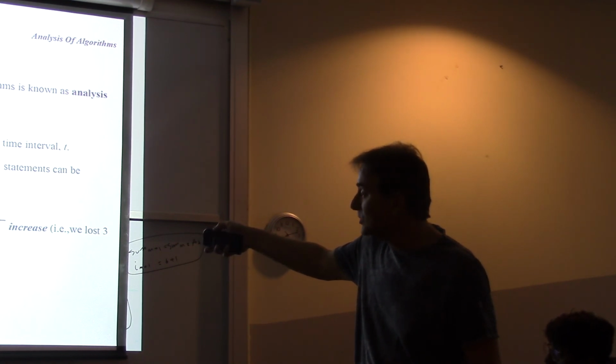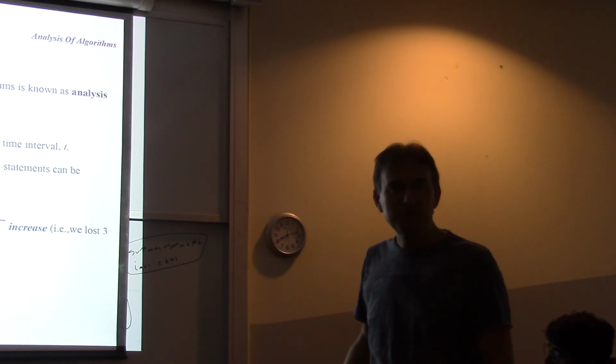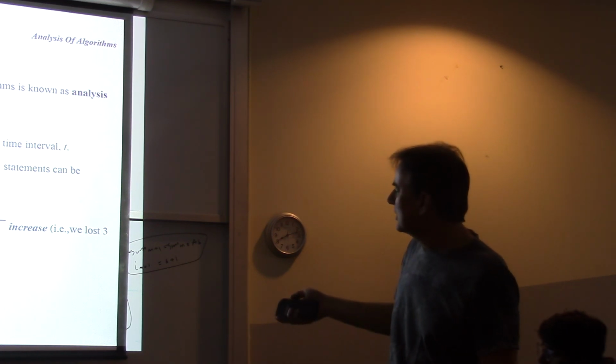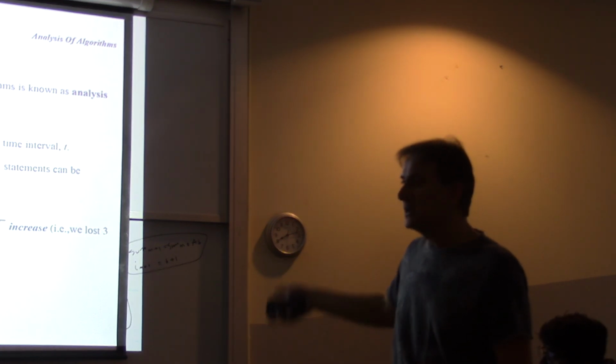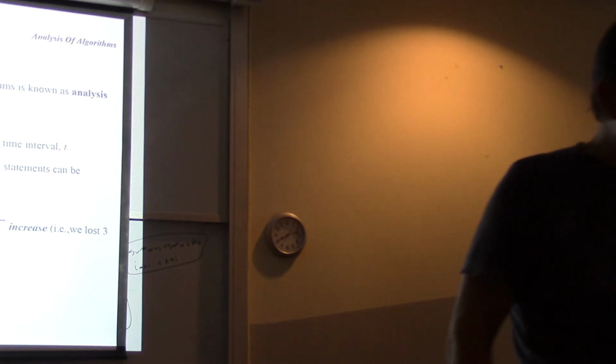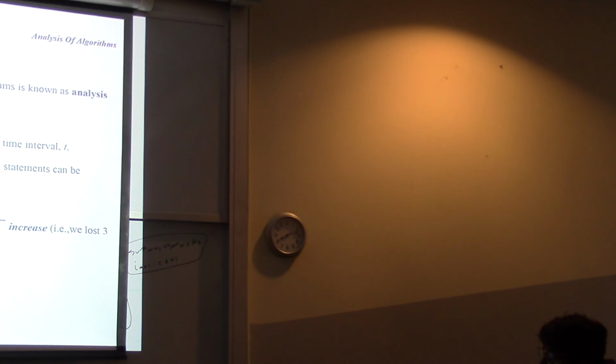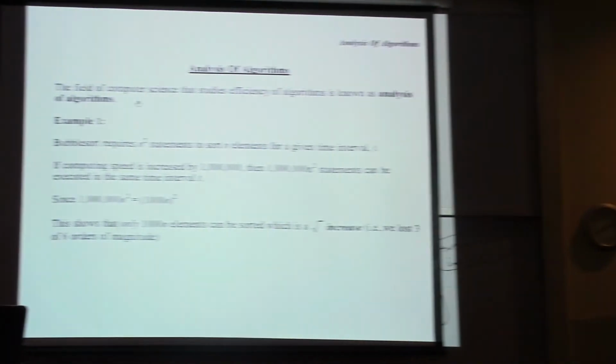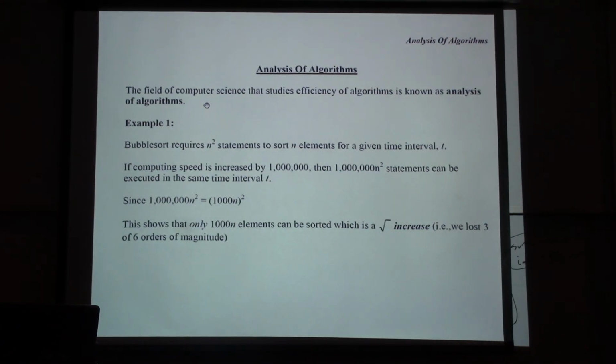So to go backwards to the problem size, you take the square root, which is the inverse of the complexity. So you can see what happens here is that even though my computer should be solving problems 1,000,000 times faster, because the complexity of the algorithm is quadratic, I only get a 1,000 times increase in the problem size.